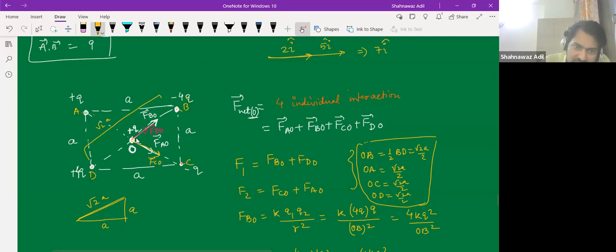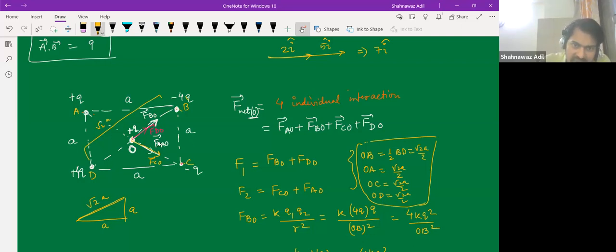Similarly, in this part, we had two vectors which were in the same direction. So that is why we added the magnitude of these two vectors. But now we cannot add these magnitudes because they are in perpendicular directions.